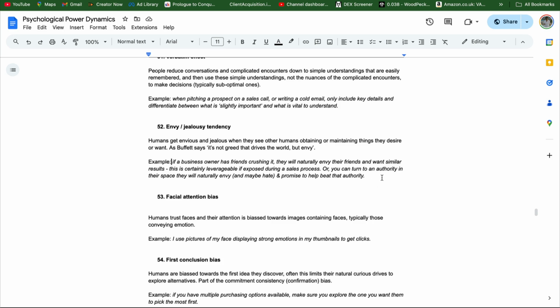Or you can turn it to an authority in their space. They will naturally envy and maybe hate that authority and promise to help beat them. So if you're on a call with an OnlyFans creator, she has an OnlyFans business and her friends are also in the business and doing extremely well, then you can leverage that to get her to take action because she wants to be better than her friends.